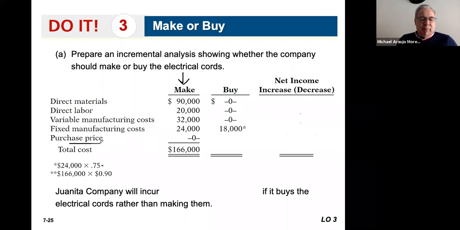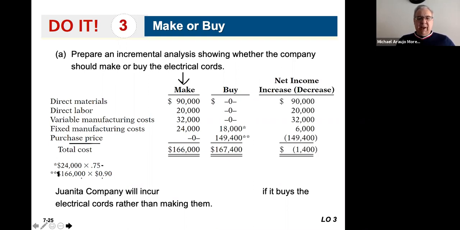Now they would actually have to be paying 90 cents for all 166,000 cords that they need. So if they went ahead and bought them versus continued to make them, their profit would take a hit.